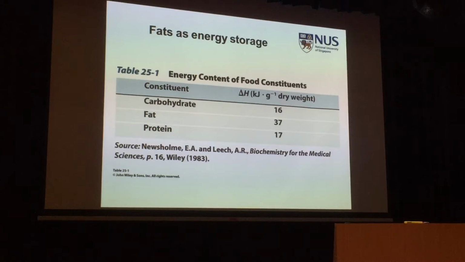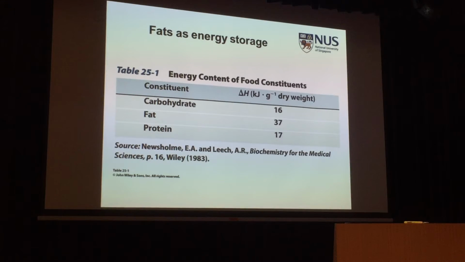The glycogen is stored as granules in the cytosol, right, in the cells. So where are your fats stored? Your adipocytes, your fat cells. And in these fat cells, they are stored as lipid droplets because it's not water soluble.